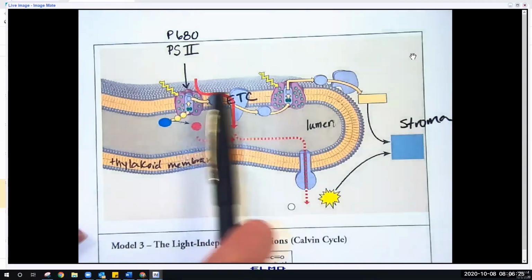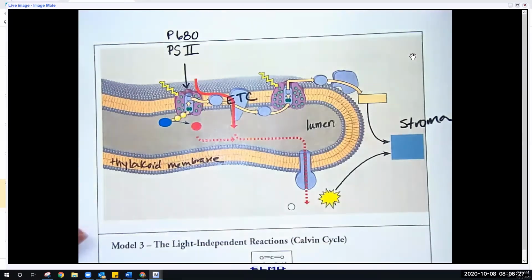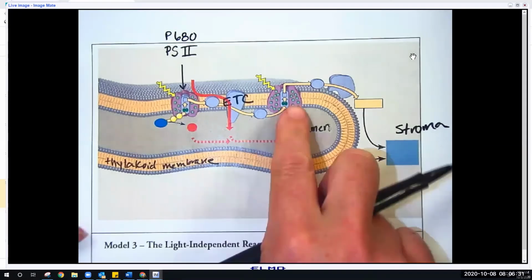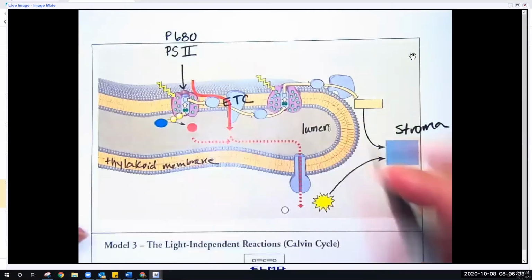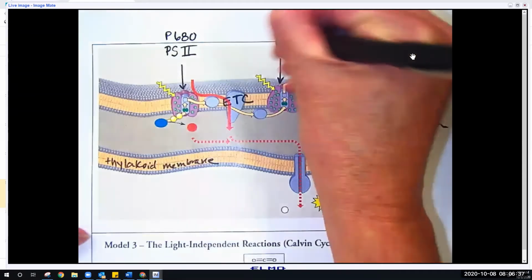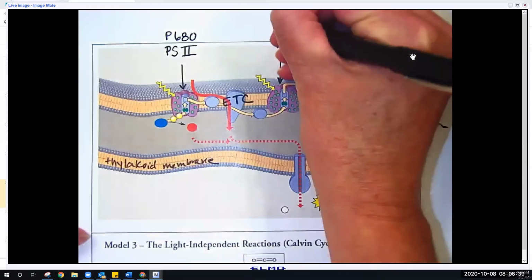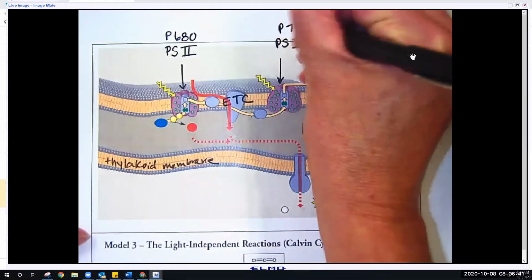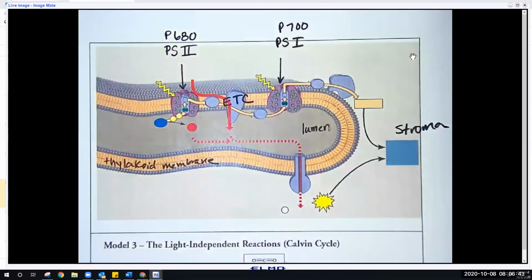So all of these protein complexes are the electron transport chain. The second complex right here, photosystem 1, or sometimes we call it the P700 photosystem because it absorbs light well at 700 nanometers.